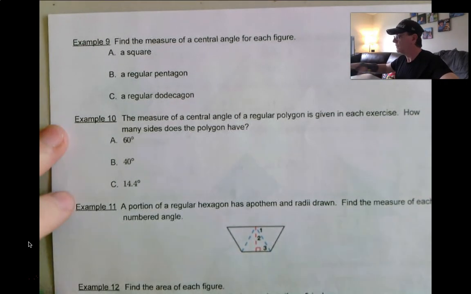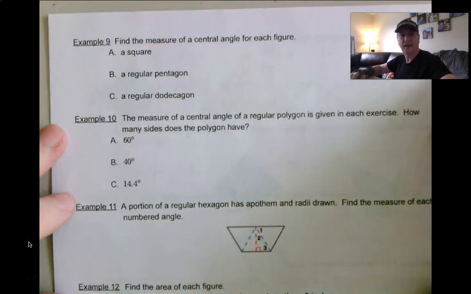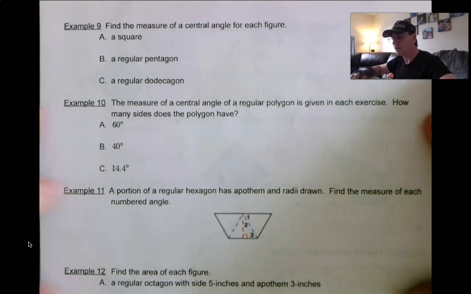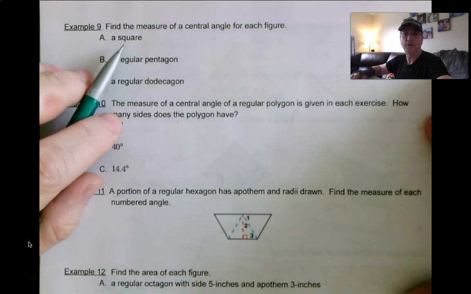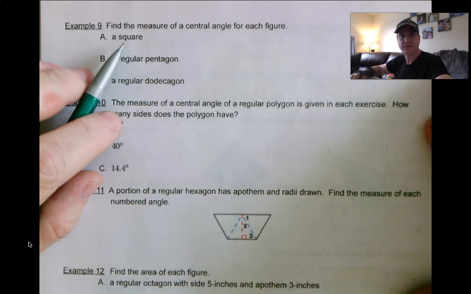Example 9. Find the measure of each central angle for the figure. How do we do that? Well, we're going to take the number of sides divided into 360.